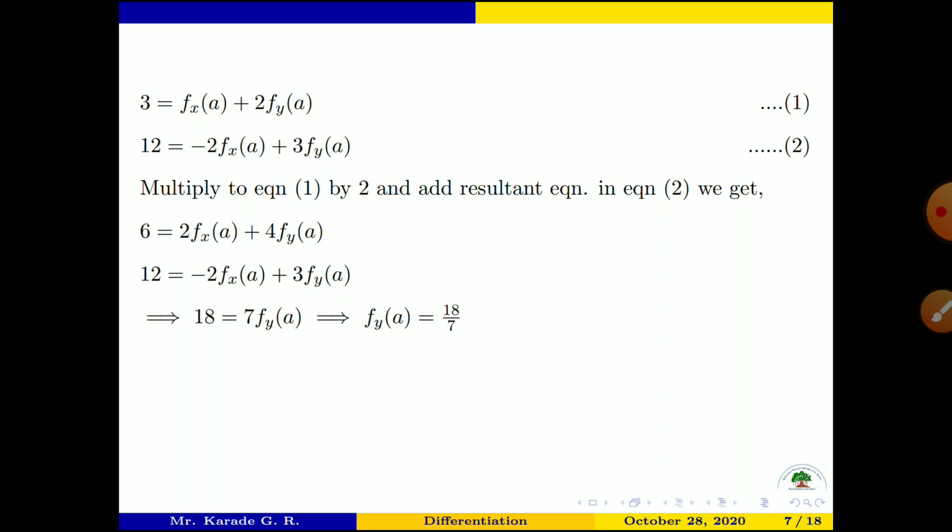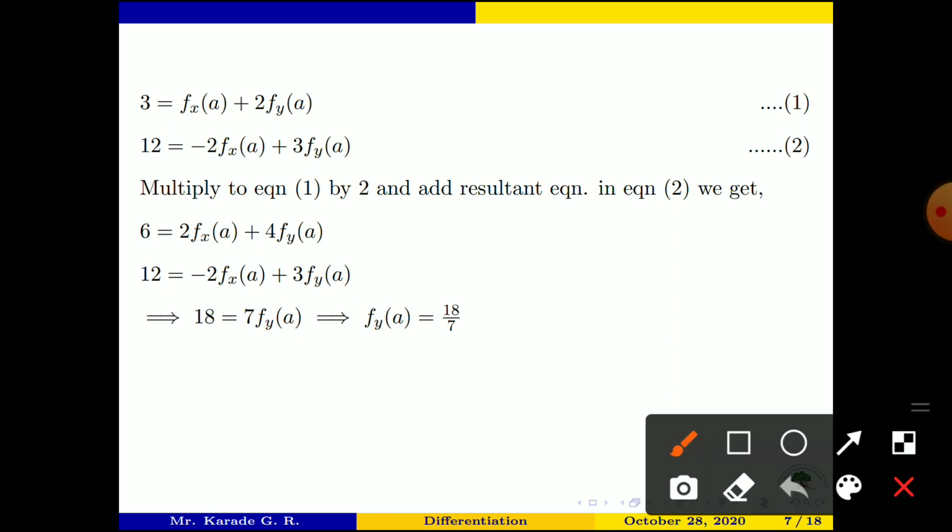So finally fy at a is equal to 18 upon 7. So this is the value of one partial derivative.